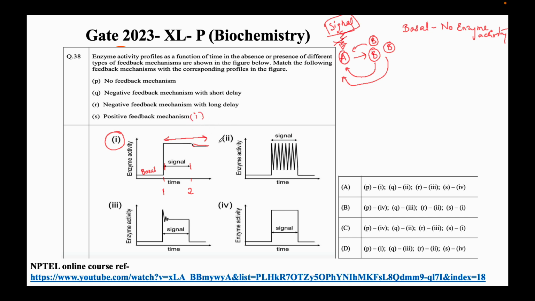Okay, so in the options, S1 we have 2 options, B and C. So we are confirmed that it could be either B or C. Whenever there is a match the following MCQs, first, if you are 100% sure about one option, then first see whether those options are MCQs, and if there is only one, then that is the final answer.